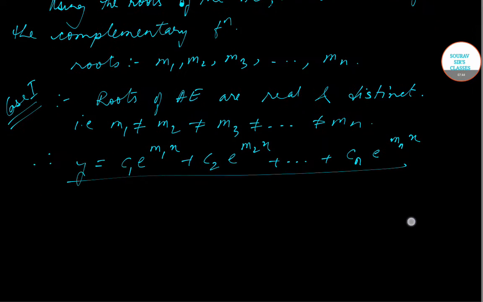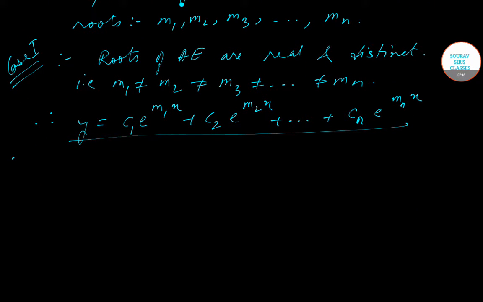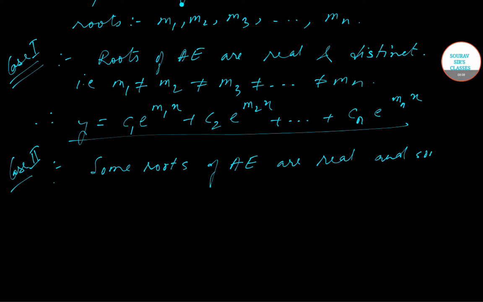Now let us go on to the next case, which is case 2. So in case 2, here we have some roots of the auxiliary equation that are real and some are equal.